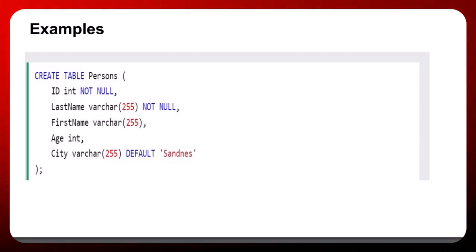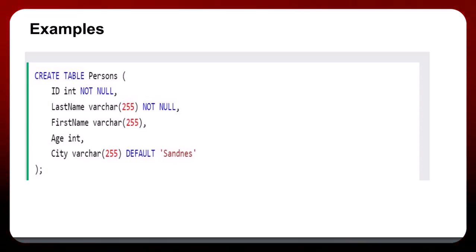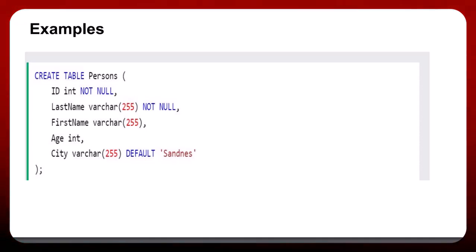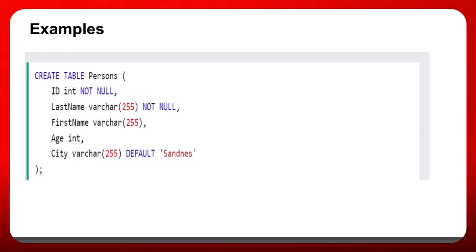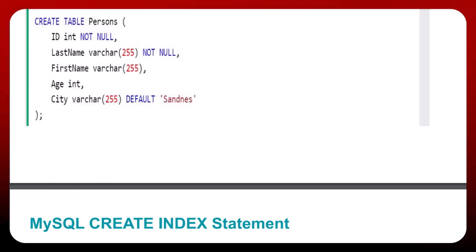The age is an integer, but I can add a constraint, just like I told you. The city is a varchar, 255, and then default, just put any default city. Okay, and then of course when I finish it's a semicolon.